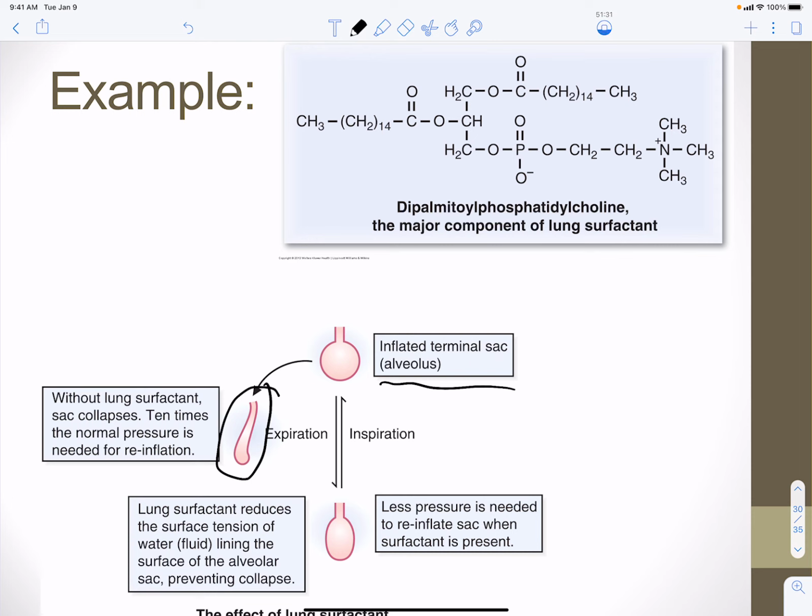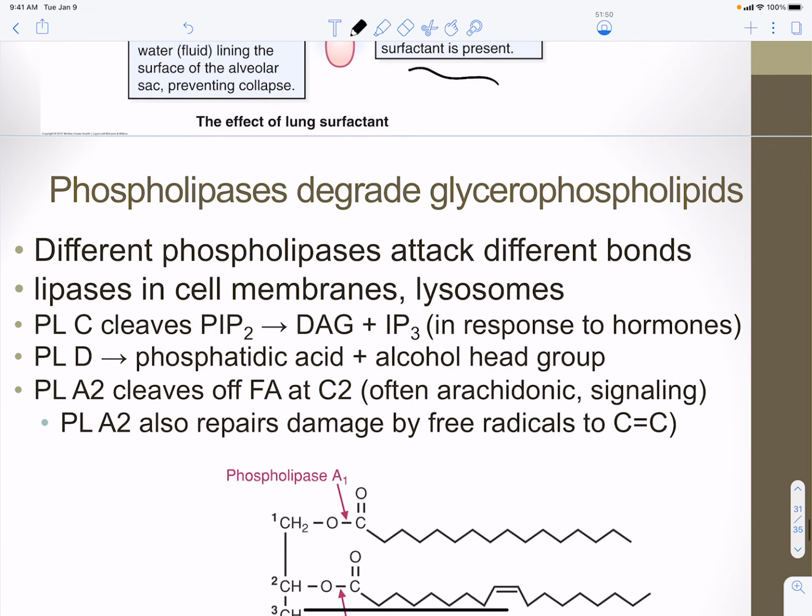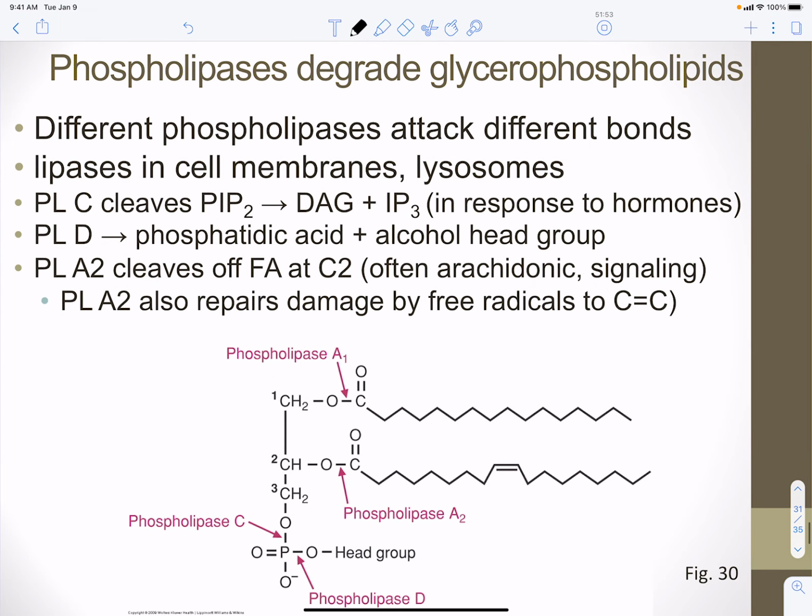And so you need more pressure to reinflate. And then when you have lung surfactant, it reduces tension of the lining of the surface, and it prevents collapse. And so less pressure is needed to reinflate the sac. And so this is just, again, an importance of one of these lipids and their function in the actual body.